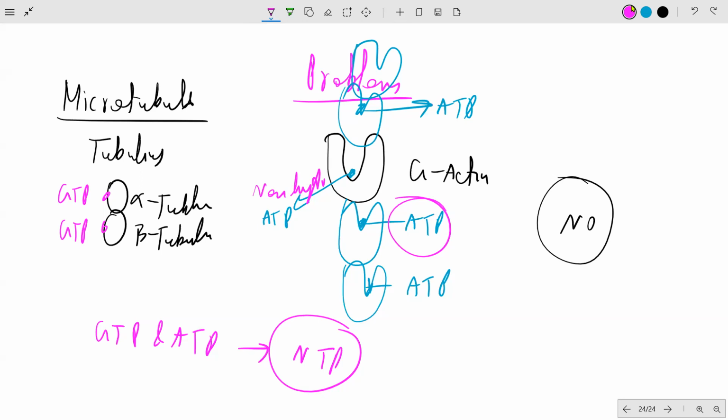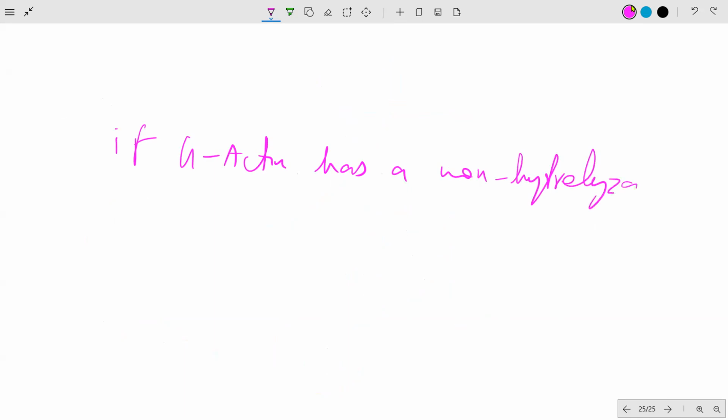This is a non-hydrolyzable form of ATP which is attached to the G actin. So if we attach a non-hydrolyzable form of ATP to the G actin, do you think the polymerization will take place? Do you think they will form F actin? Yes, they will form F actin. तो मैं क्या कह रहा हूं? मैं कह रहा हूं if ये जो हमारा G actin है, this G actin has a non-hydrolyzable form of ATP or form of NTP.